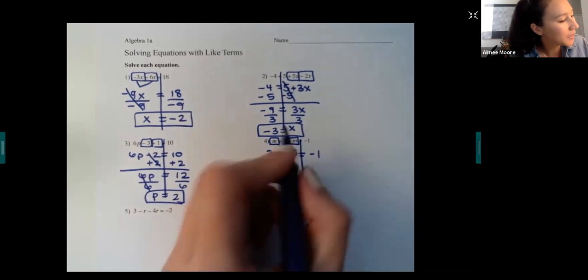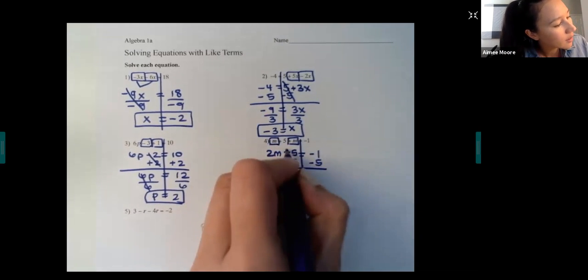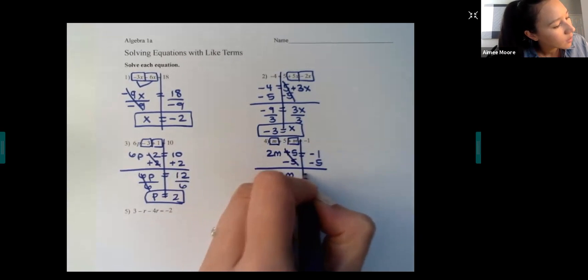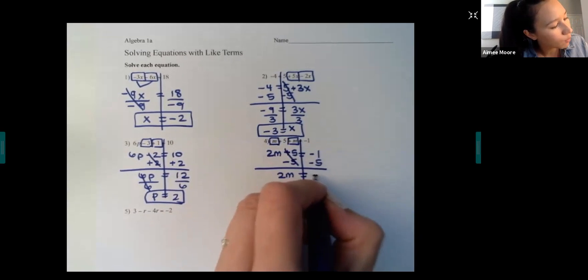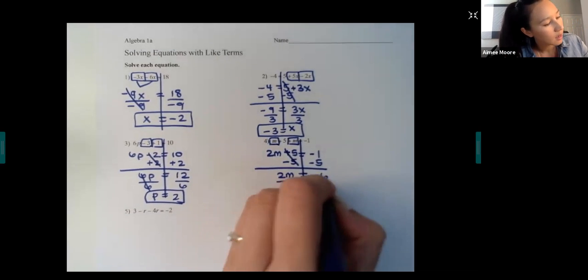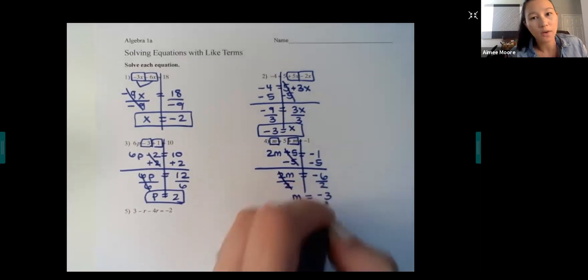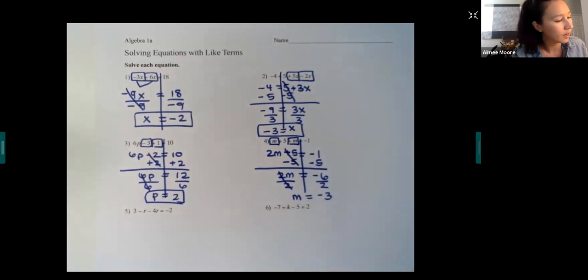Now it's a 2-step equation. We subtract 5 from both sides. 2m equals -1 minus 5, which is -6. Divide both sides by 2, and m equals -3.